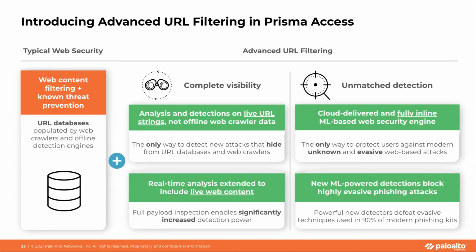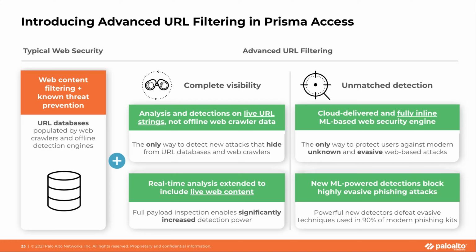What we're seeing in the market is a lot of new attack vectors originating every day, and using web crawlers we can only detect a percentage of that, and that's where advanced URL filtering comes in.